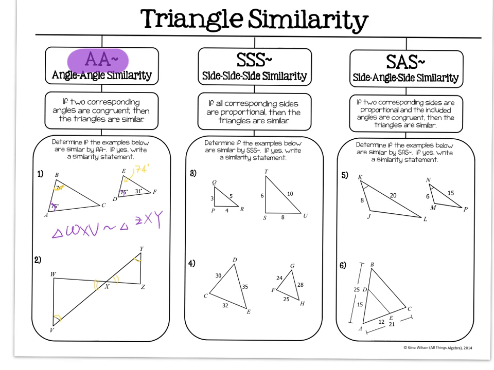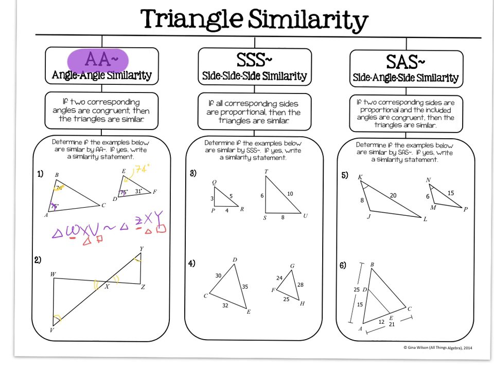One important thing, again, order does matter. Notice that angle W and Z are corresponding angles, angle X and angle X, and then angle V and angle Y are congruent corresponding angles. If you switch the orders, then it's not correct.